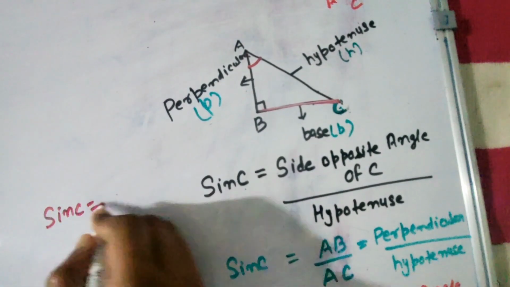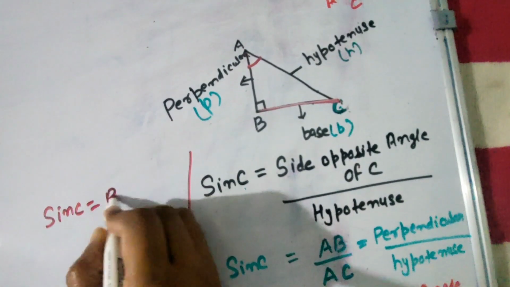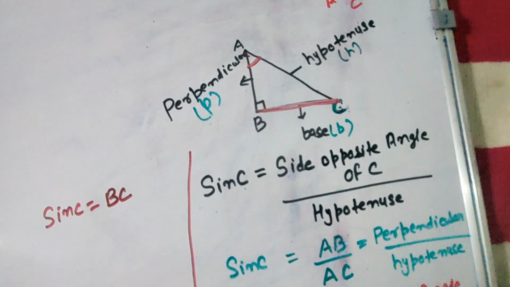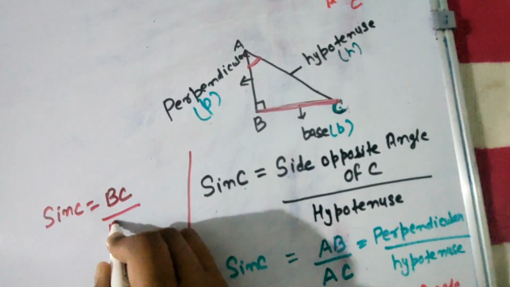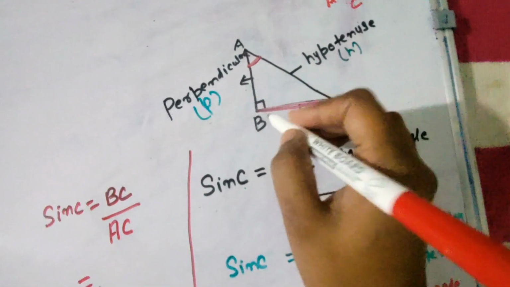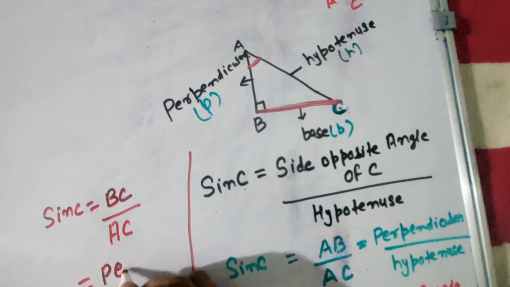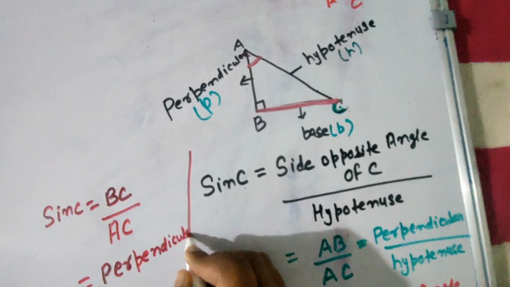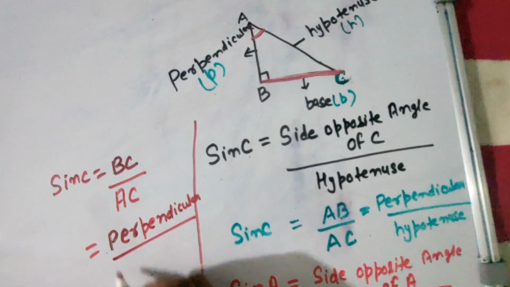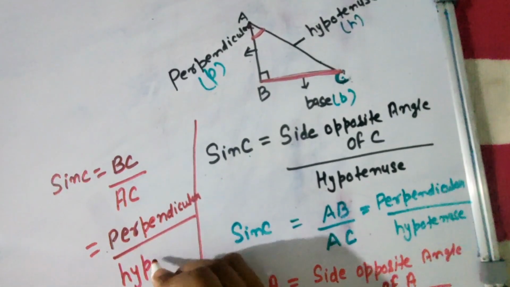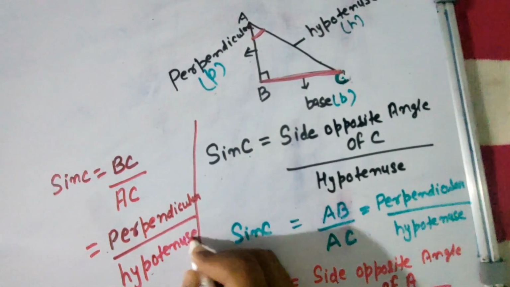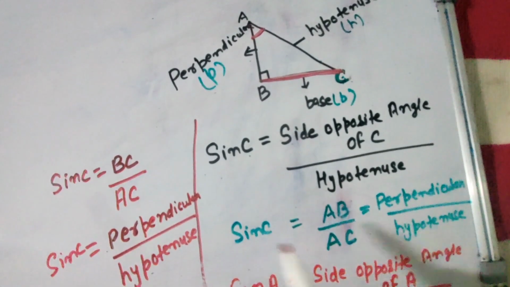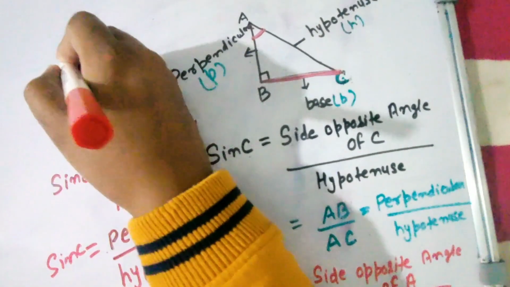Sine C equals BC, because this is the side opposite this angle, and the hypotenuse is AC. BC is what? Perpendicular. And AC is what? Hypotenuse. Okay, sine C. Then sine formula is what? Perpendicular by hypotenuse.